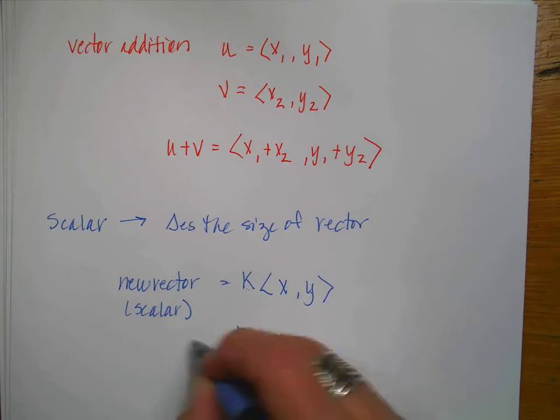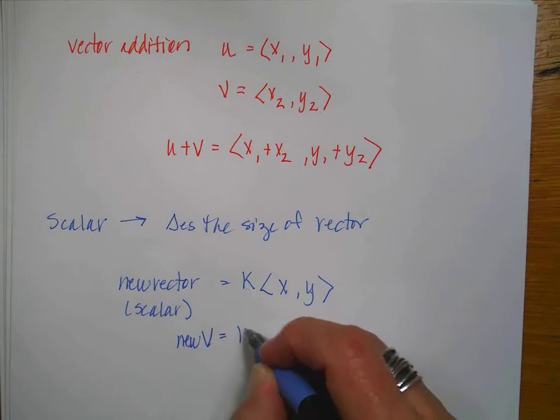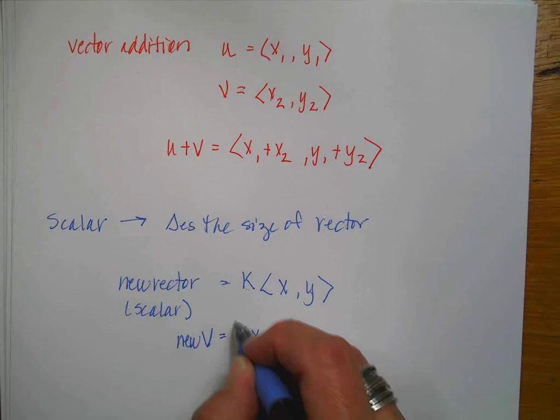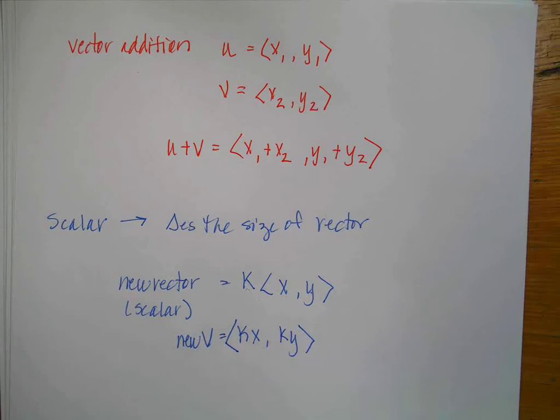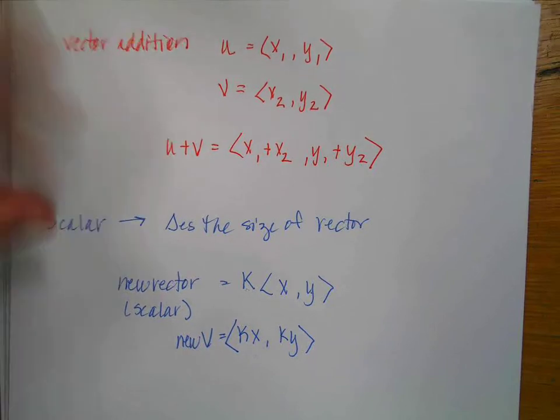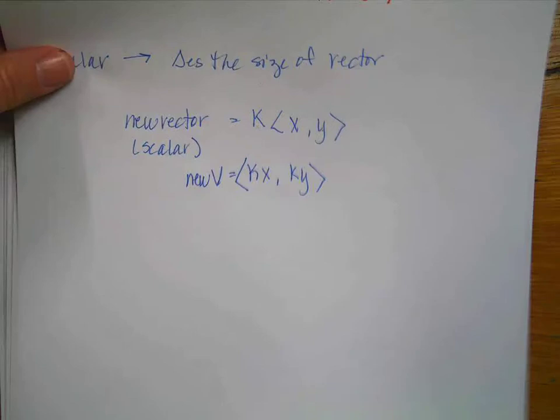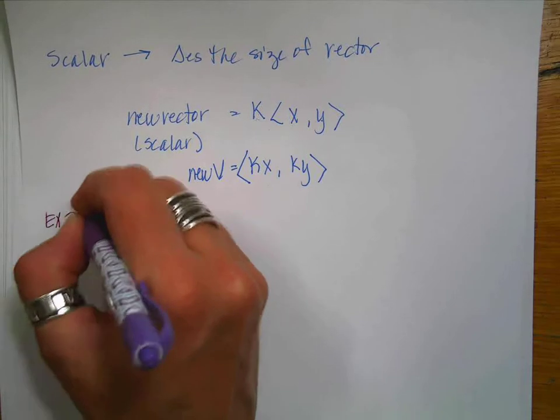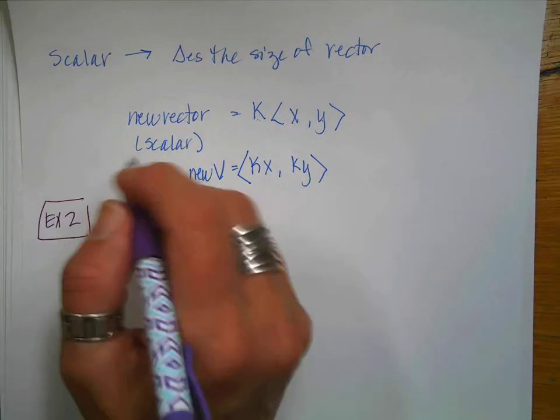Because I have a k, I'm going to distribute that on the inside, so the new vector is going to equal k times x, k times y, and of course we put that in pointy brackets. Pointy brackets are something that you do have to be very careful with, and that would be an element for you to lose points on if you are sloppy with your math and put curved brackets on your tests. We need to be very deliberate with our math.